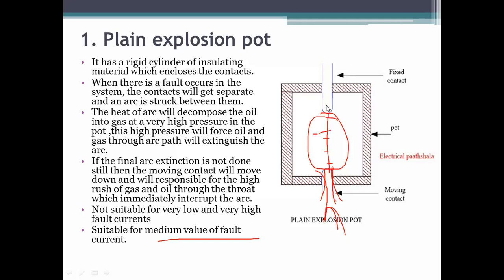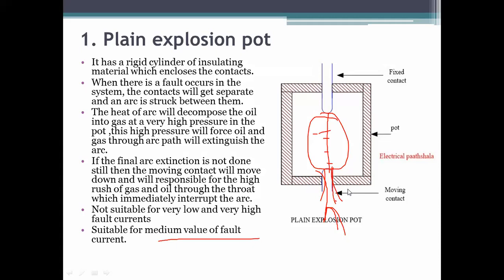So which type of circuit breaker is this plain explosion pot? Yes, no one knows. Okay.